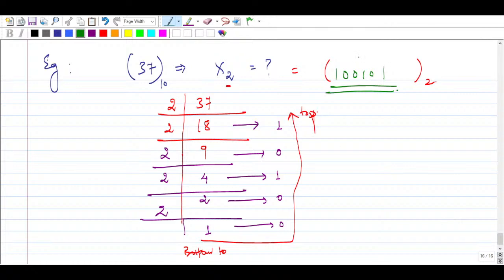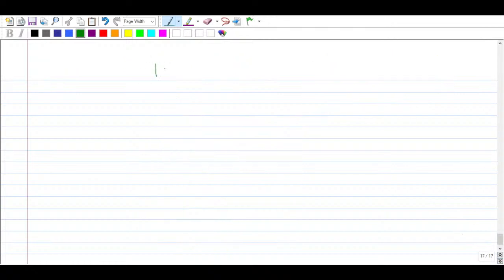So you can also put some positional weight of this binary here. See, if you want to directly find 100101, this is base 2, because all the digits are less than the base. You can also write directly in decimal.